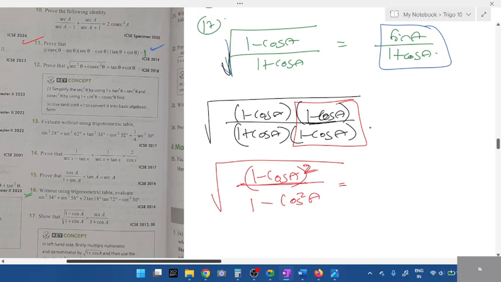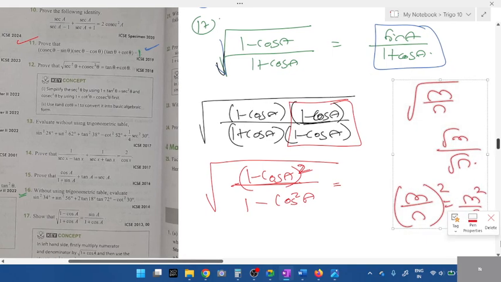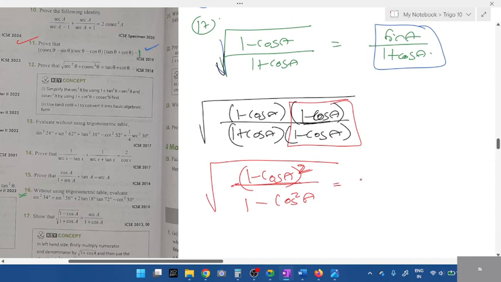Right. See, remember this, when there are two values, you can write it separately like this. Not only for square, even for square root, it's the same. M square by N square. Okay, you can just write it separately, students. In the same way, you can write it separately like this. What is 1 minus cos square A?